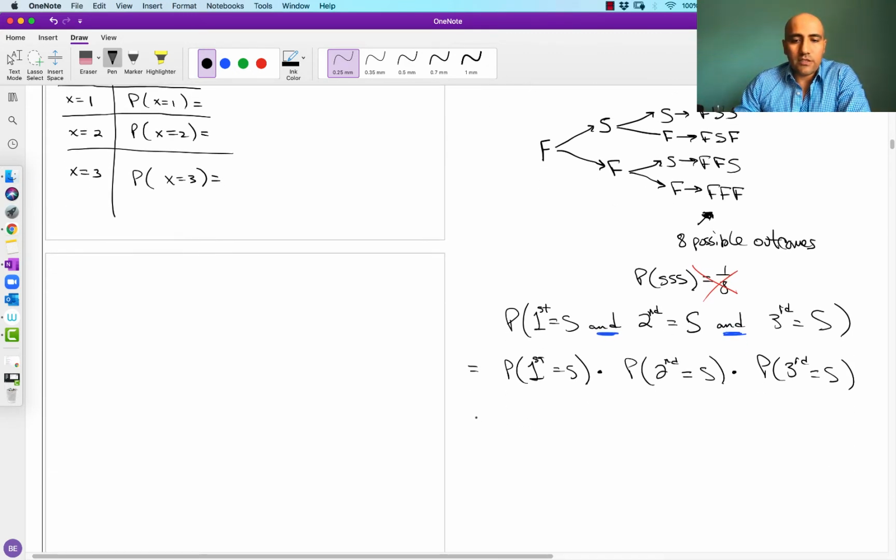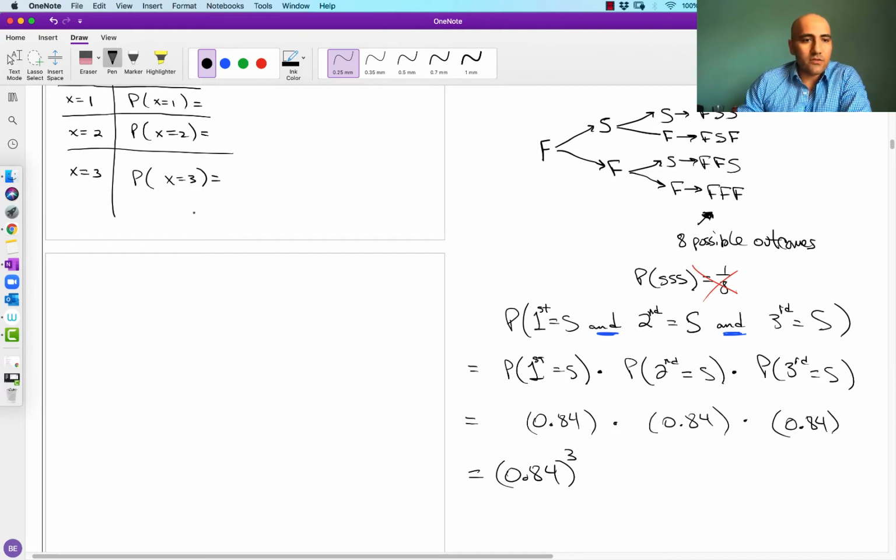So this is just going to be equal to 0.84 times 0.84 times, once again, 0.84, or 0.84 to the power of 3. Good.